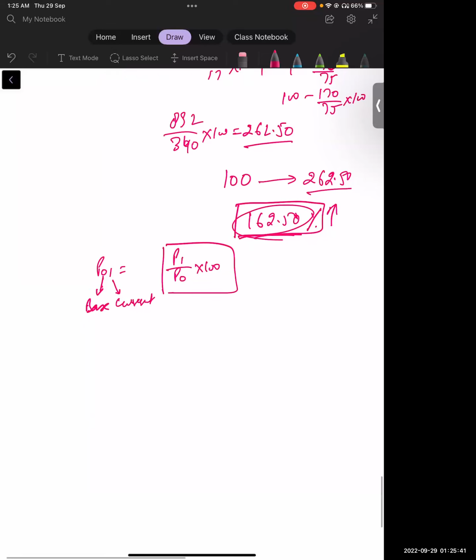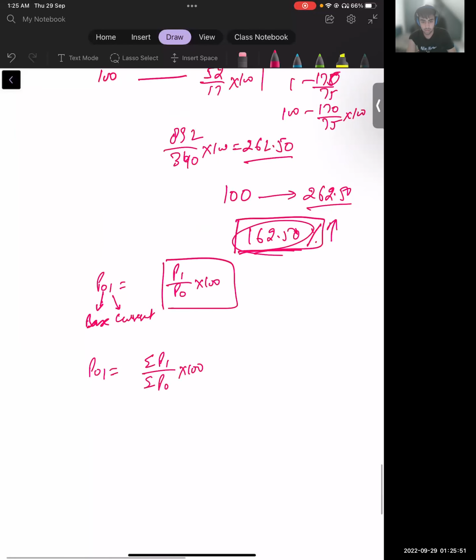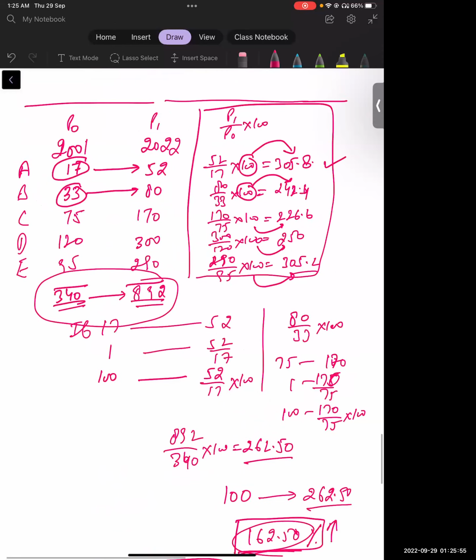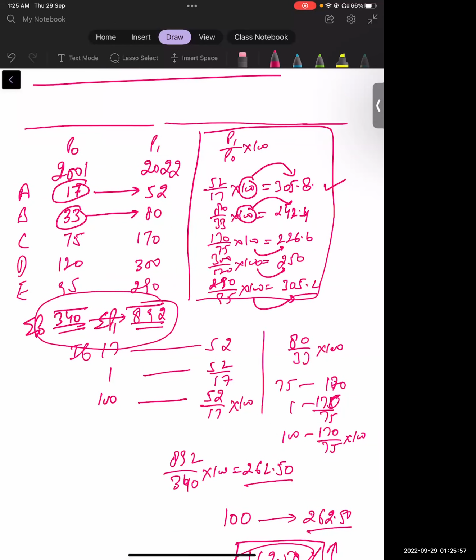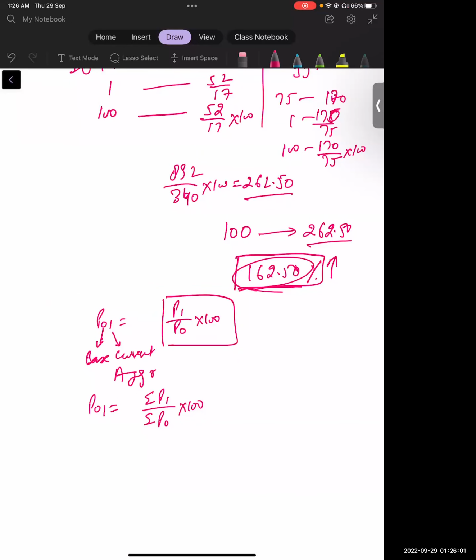The method we are going to use is P01 equals summation P1 upon summation P0 into 100. Summation, as you know very well, is addition. That is summation P1 and that is summation P0. This is called the aggregative method.